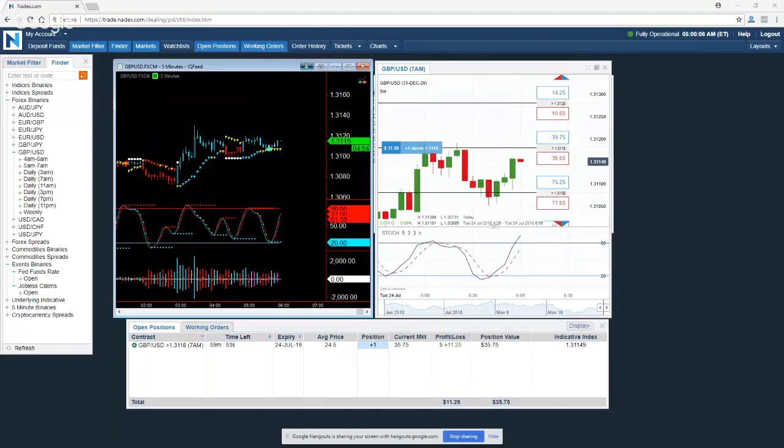Now, my expiration is 7 a.m. You can see that down here. And I've been in this trade just a few minutes. I haven't been in it long, so we'll see what happens.